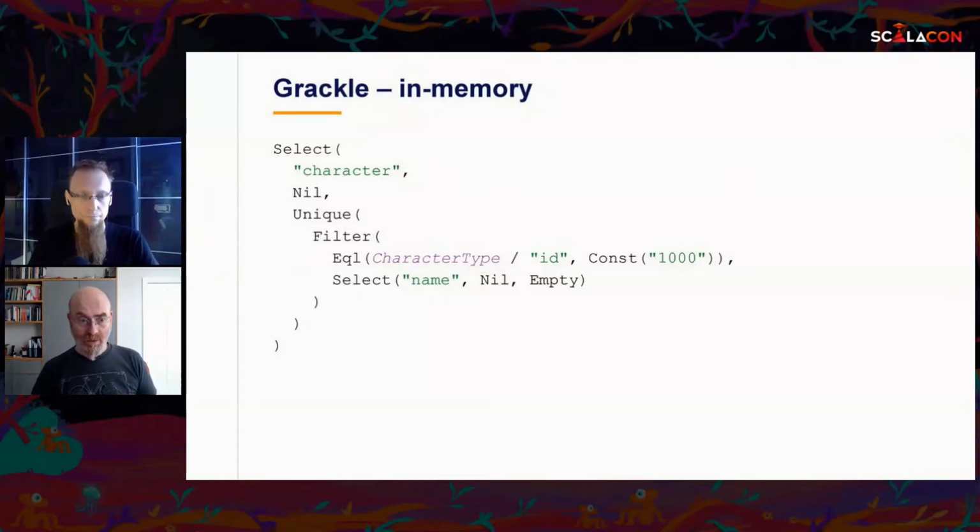You can see that the list of bindings has gone now, but the child part of the query has been elaborated to include a filter expression, and that will filter on a field of the underlying data type, the ID field being equal to a particular constant, and then the result of that filter is asserted to be unique, at most one element via the unique element of the algebra.